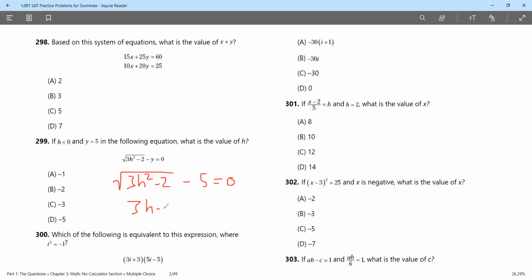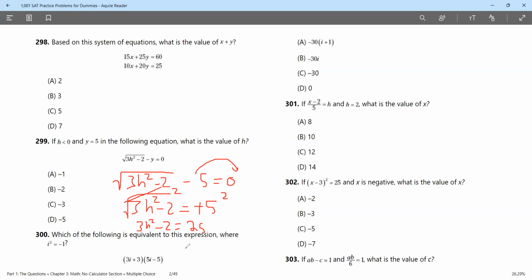So 3h squared minus 2 will be equal to positive 5, because we transferred negative 5 to the other side by positive 5. And then we will square the two sides to eliminate the square root. So it will be 3h squared minus 2 is equal to 25.